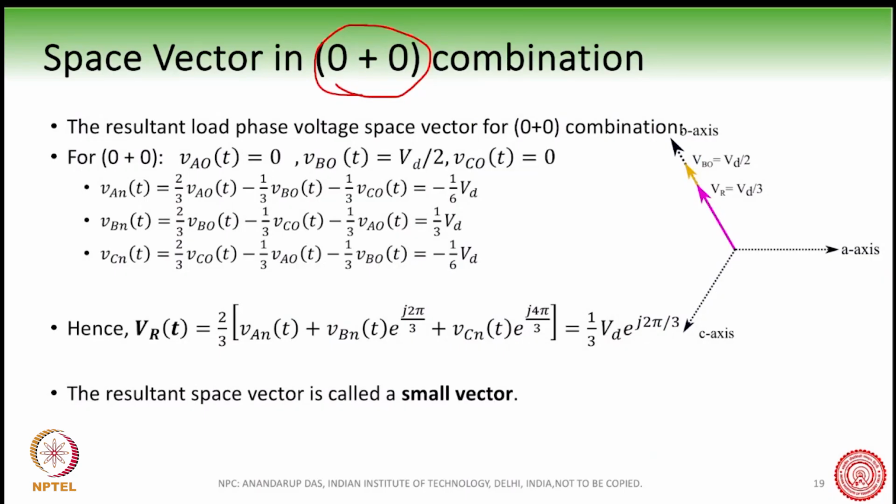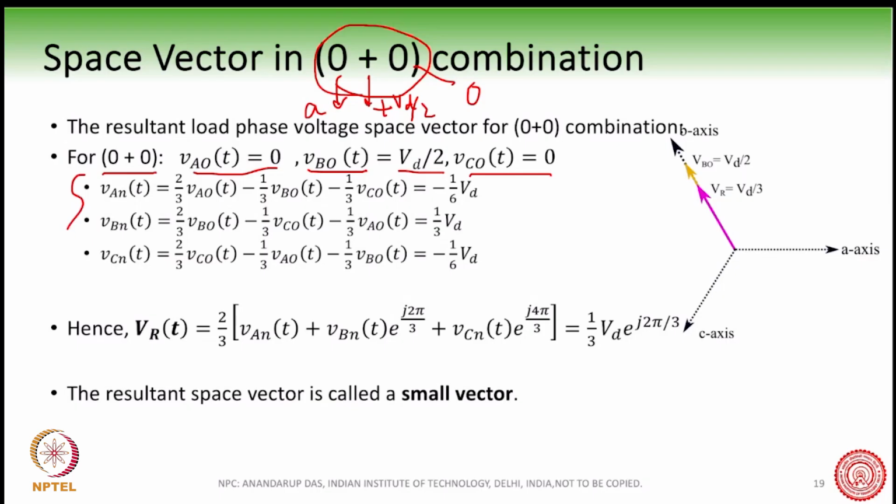In A phase the voltage is 0, in B phase the voltage is plus Vd by 2, and in C phase the voltage is 0. Which means in A and C phases the pole voltage is connected to the midpoint of the capacitor, whereas in B phase it is connected to the top. So for 0 plus 0, VAO is 0, VBO is equal to plus Vd by 2, and VCO is equal to 0.